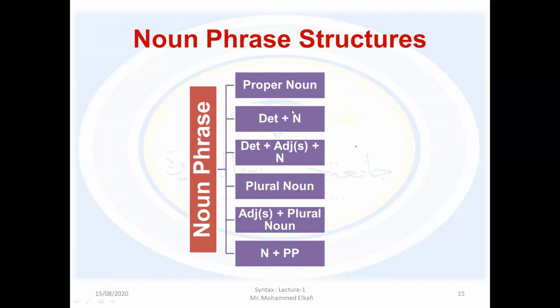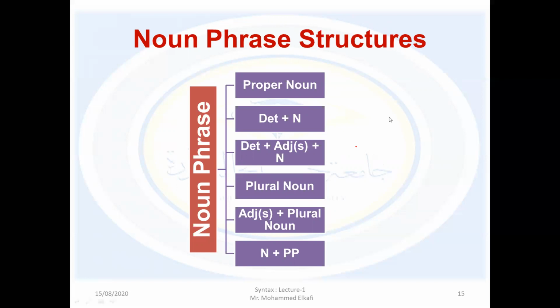We said determiner means maybe an article, an enumerator, or a demonstrator, this, that, or some other. So this is the second structure. For example, the man, the plus man. A boy, a plus boy. A is determiner and boy is noun.